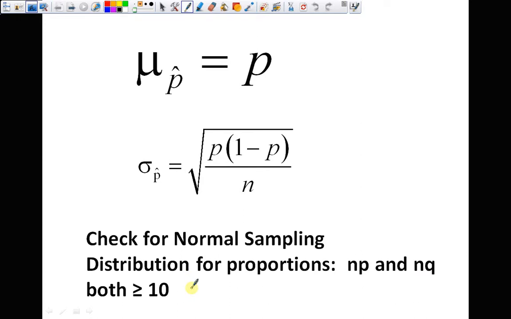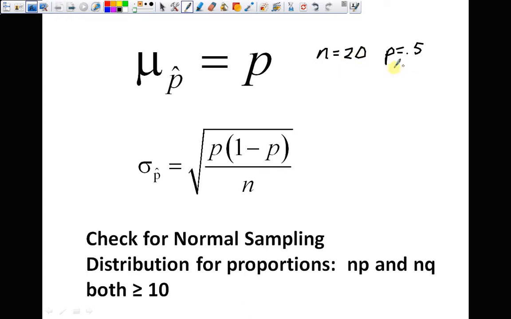So if we're looking at, let's go N equals 20, and P equals 0.5. Remember that 0.5 is basically the best value that you can have as far as being normal. The further we get away from 0.5 for P, the harder it was to be normal.